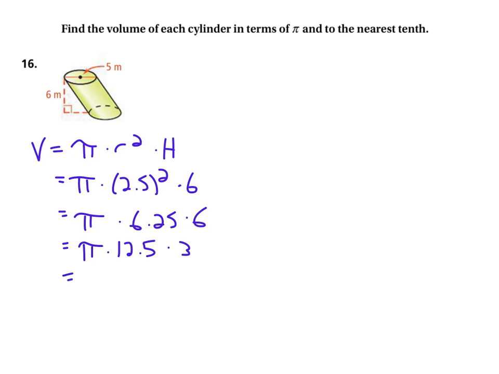So I'm going to say then that's equal to 3 times 12.5 is 37.5 pi, and the units are meters cubed. For your purposes, you're going to do the rest yourself, which is to convert this into a decimal number to the nearest tenth, which is to take the pi button, hit pi, and then multiply that by 37.5 and round it off to the nearest tenth.